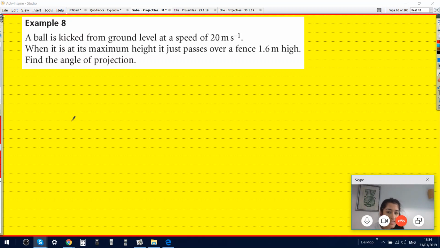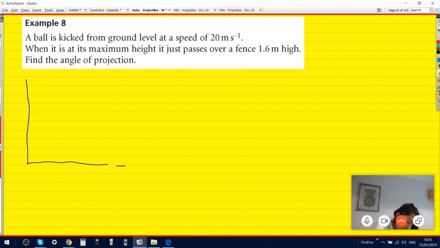When it is at its maximum height, it just passes over a fence 1.6 meters high. Ground level. Speed 20. Maximum height is 1.6. And the angle we don't know, so we can make that x.